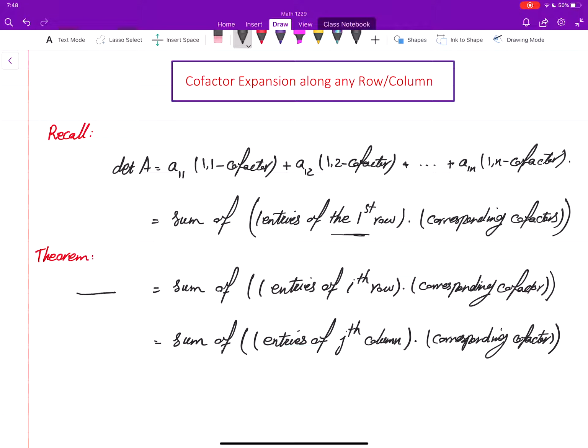So this will be cofactor expansion along row i, and this will be cofactor expansion along column j. You choose which row or column you want to expand along, and the theorem guarantees that you will get the same number for the determinant.